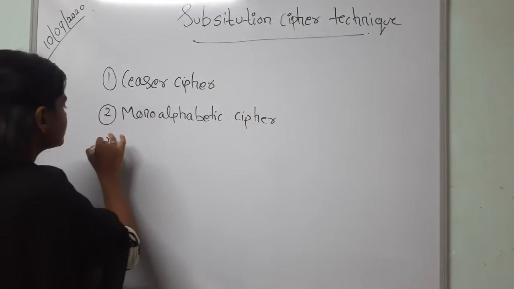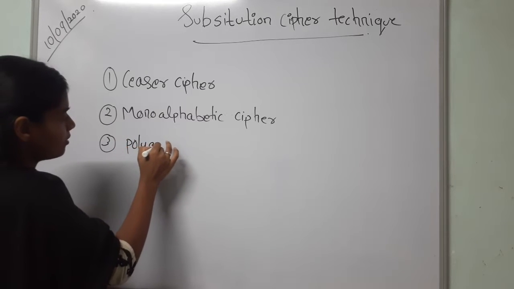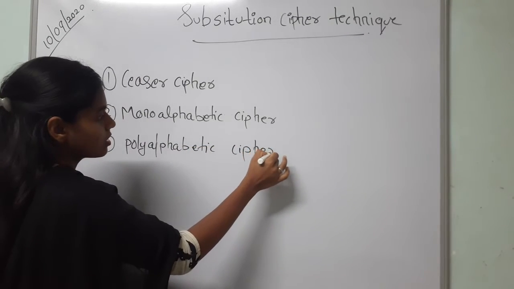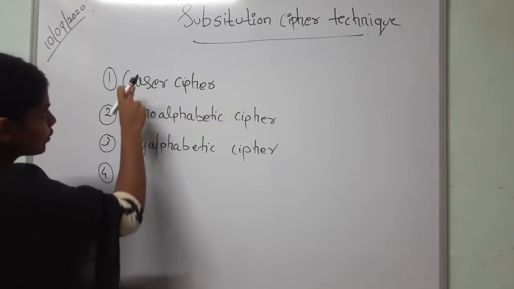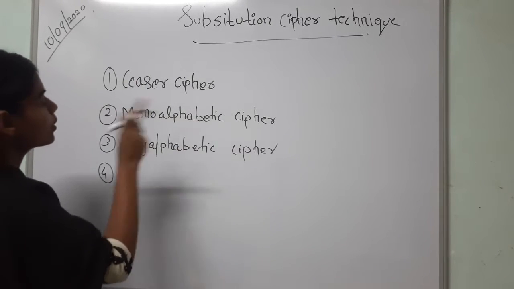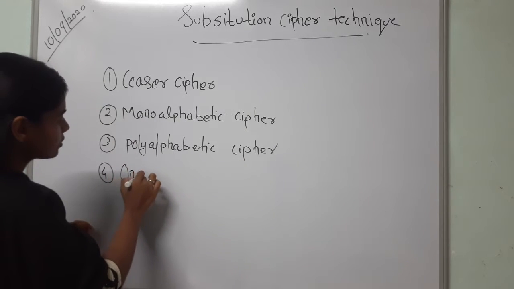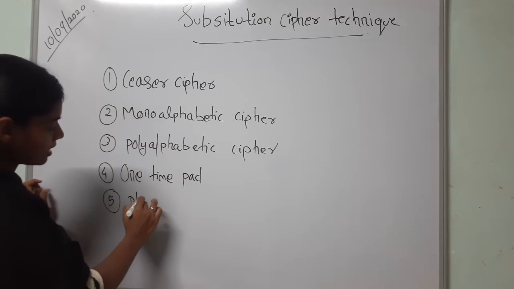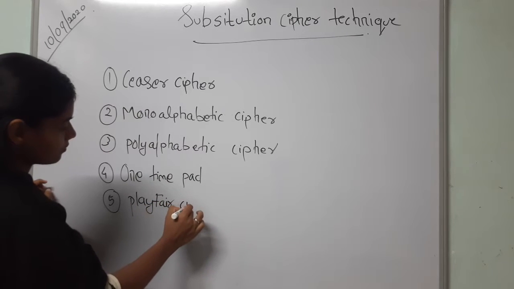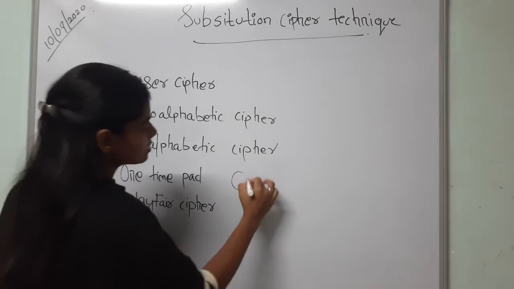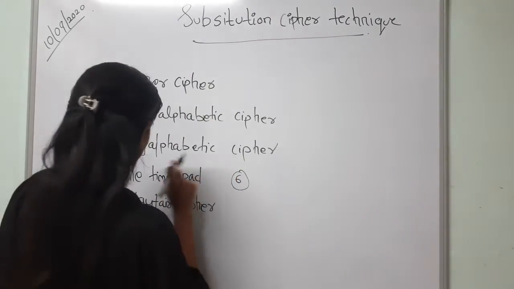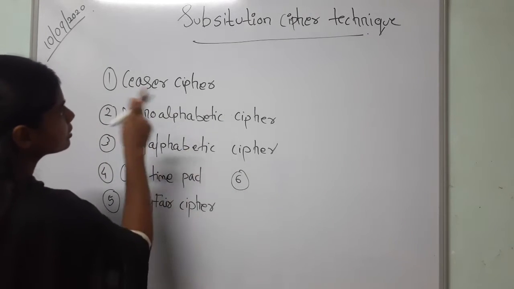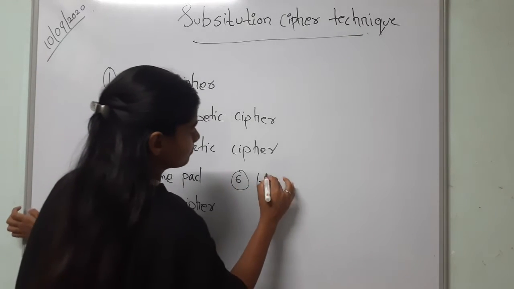The third is the polyalphabetic cipher. The fourth is the Playfair cipher, then the Hill cipher, and the one time pad.